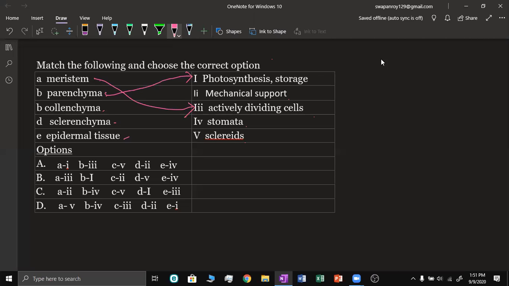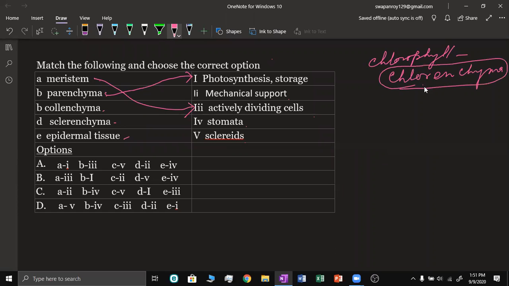The parenchyma cells with chlorophyll carry out photosynthesis, and they also store food, that is, produce food.